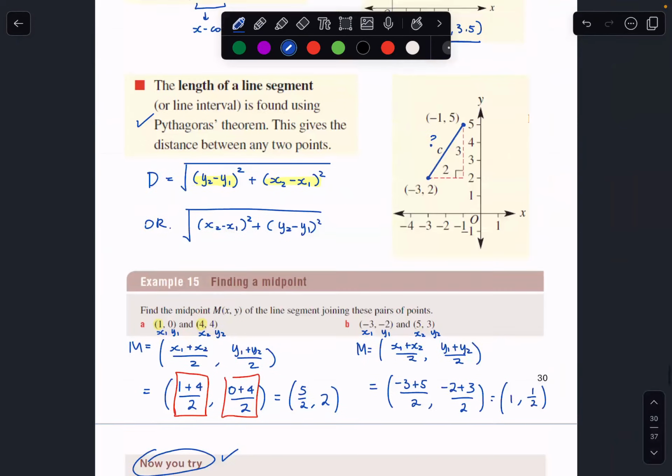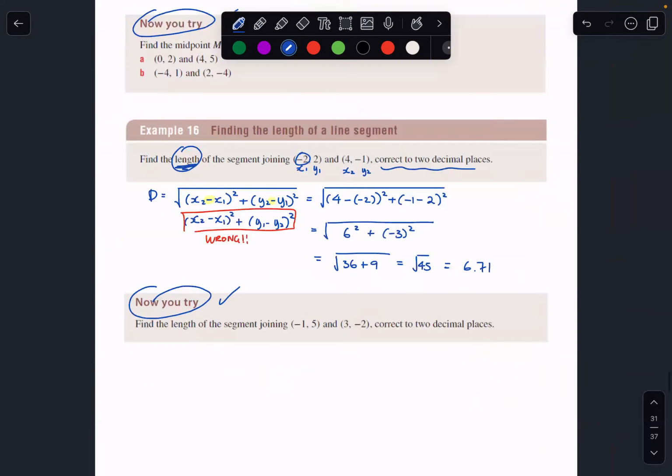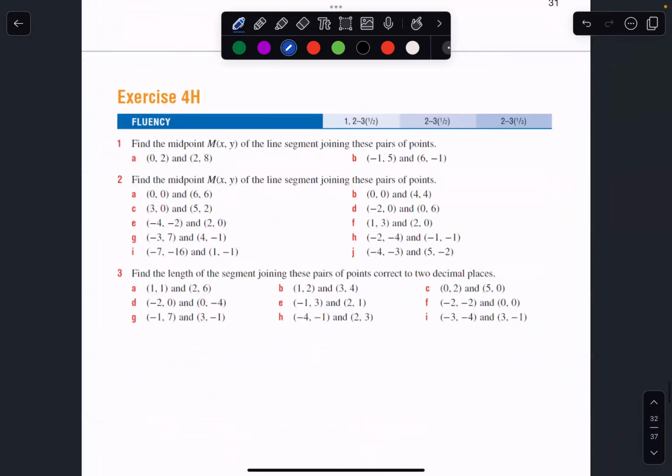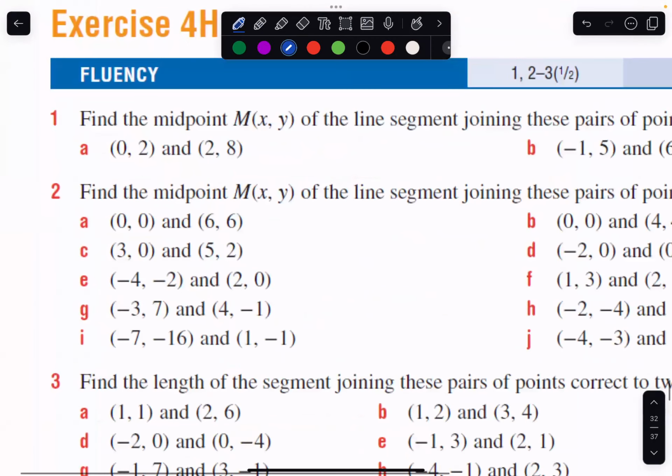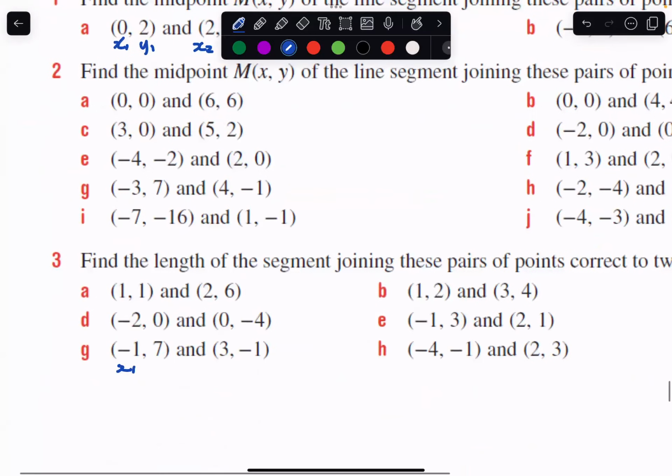So we learned the midpoint and also the distance between 2 points. They will give you something like that. Midpoint, find the midpoint between them. So you do x1, y1, x2, y2, and then just substitute into the formula I gave you. And then the final answer gives you a coordinate. Same thing as the length, x1, y1, x2, y2.